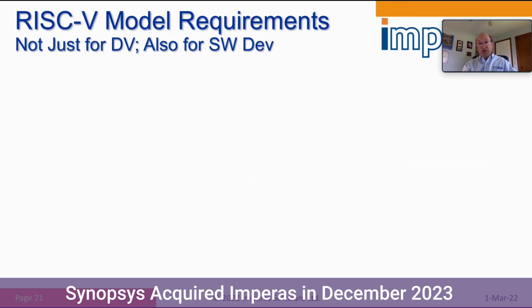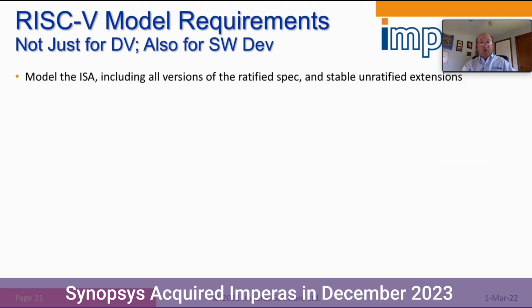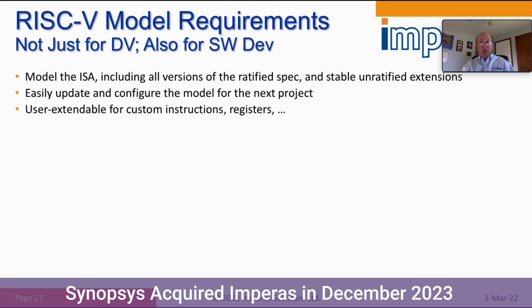Third piece here is the RISC-V reference model. So if we're looking at reference model, actually we want to build something that is not just for verification, but also useful for software development. We want to use the same model for both. It's got to model the ISA, including all versions of the ratified spec and the stable unratified extensions, easily update and configure for the next project.